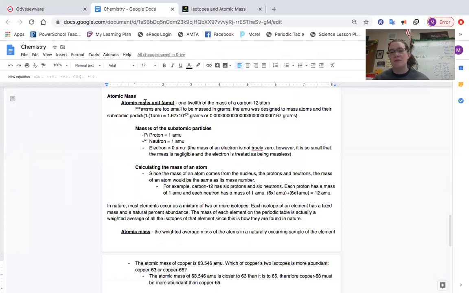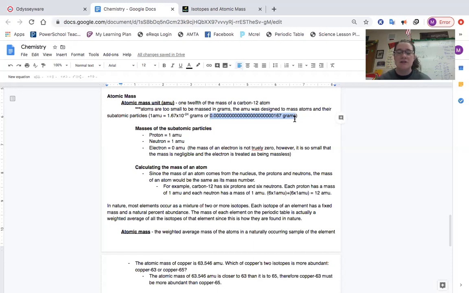The reason we use AMUs is because grams are not good for measuring the mass of atoms. Atoms are so itsy bitsy teeny weeny that grams just doesn't really match up. In fact, an AMU is about 1.67 times 10 to the negative 24th grams, which is this many grams. And so the AMU is really small, and so it's really good for measuring things like atoms.